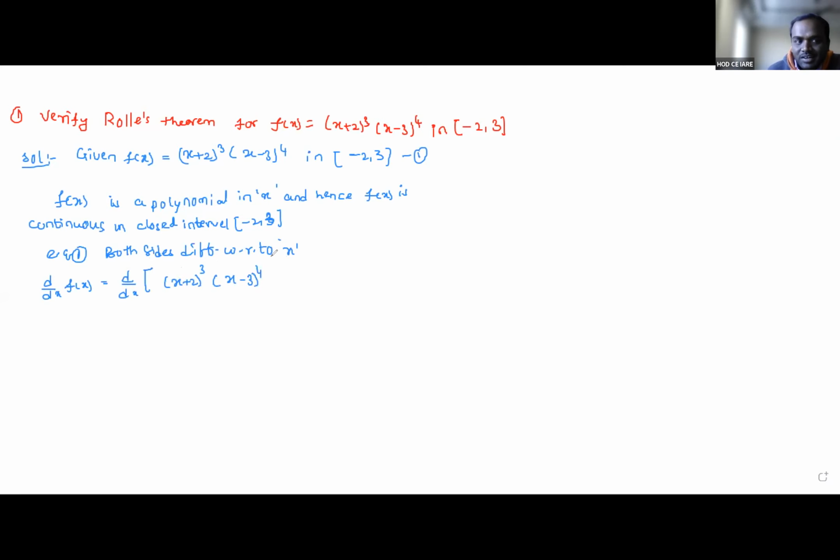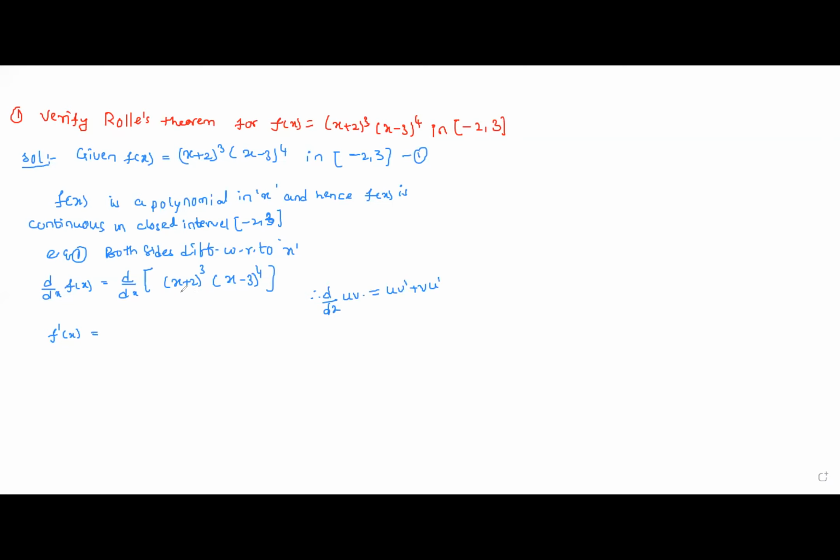So we can write f dash of x is equal to, you know that d by dx of u into v is equal to u into v dash plus v into u dash. So let us use our formula.